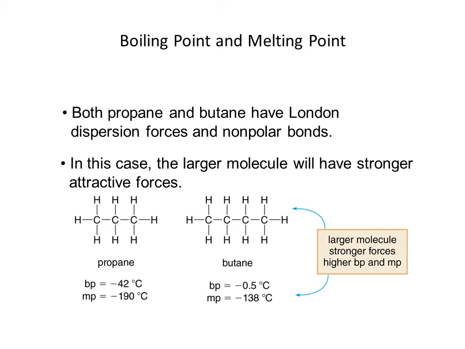And of course, the larger molecule will have the larger dispersion force. Butane, therefore, has the greater intermolecular attractive force, and its melting point and boiling point reflect that strong intermolecular attractive force compared to propane. The stronger intermolecular attractive force results in a higher boiling point and a higher melting point, as you can compare butane to propane.